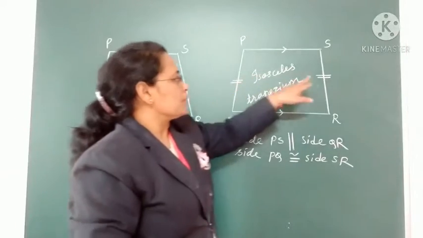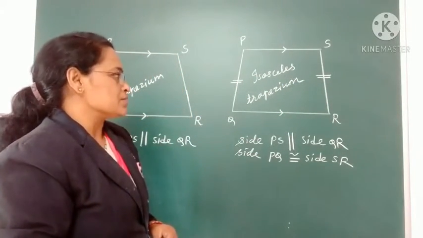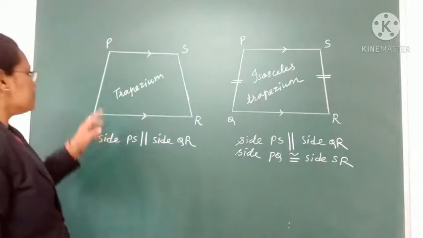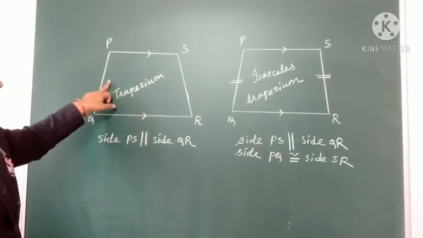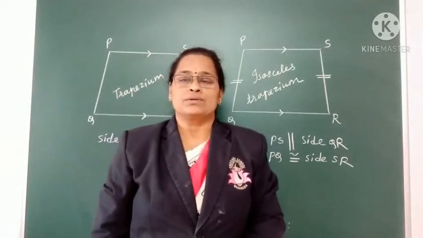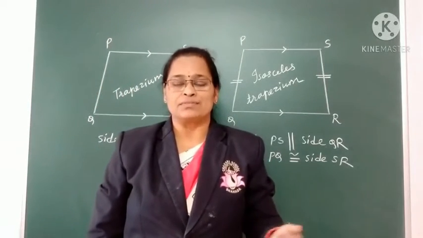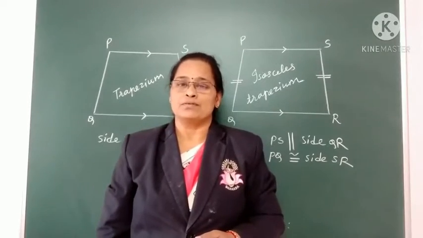And PQ is congruent to SR, and therefore this is an isosceles trapezium. If we join the midpoints of the two non-parallel sides of the trapezium, then it is called the median of the trapezium. So let's see some examples related to the trapezium from practice set 5.4.